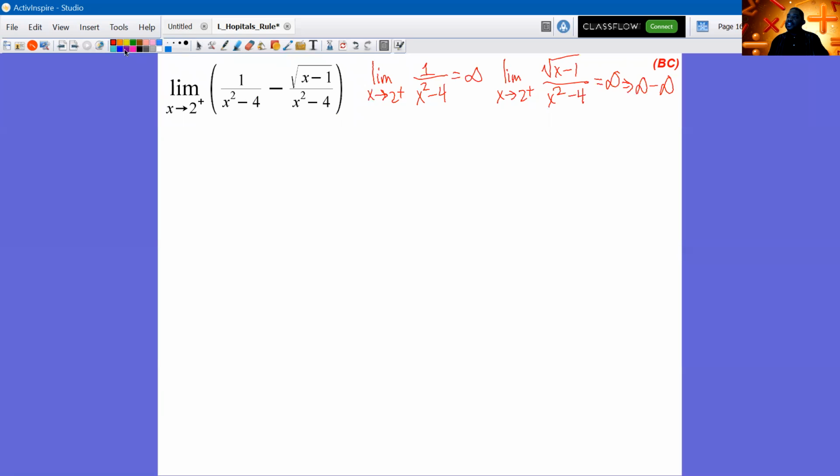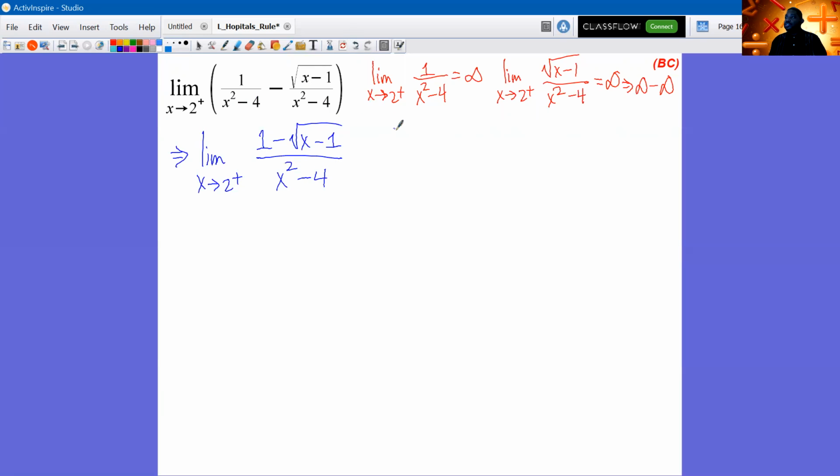Now remember, if you get infinity minus infinity, you can do one of two things. You can factor out the x squared minus 4, or you can just combine them as one fraction, because they both have the same denominator, which is what I would recommend you do here. So we have the limit as x approaches 2 of 1 minus square root of x minus 1 over x squared minus 4.